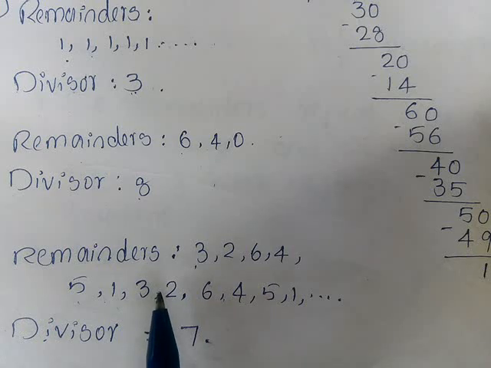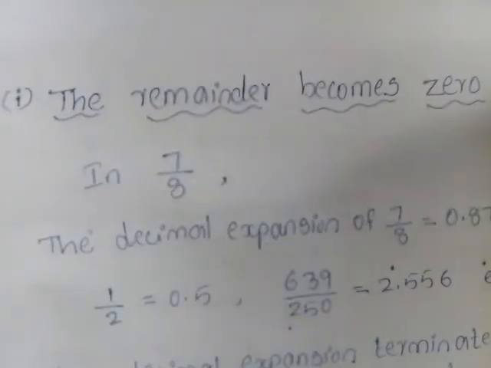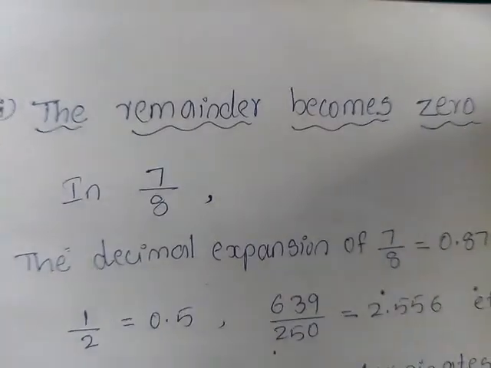On division of P by Q, 2 main things happen. Either the remainder becomes 0 or never becomes 0 and we get a repeating string of remainders. Let us look at each case separately. The first case is the remainder becomes 0.